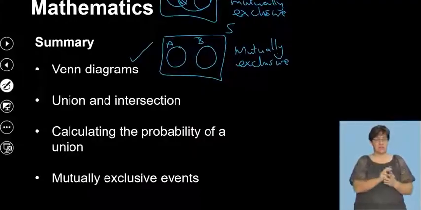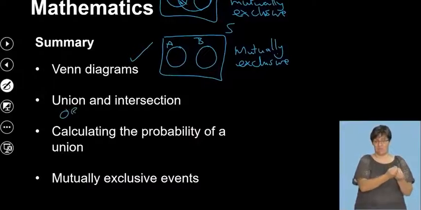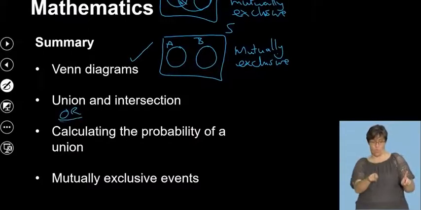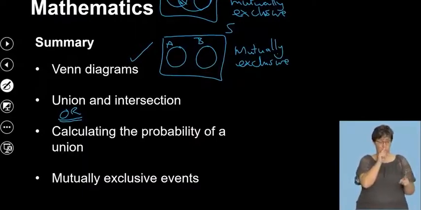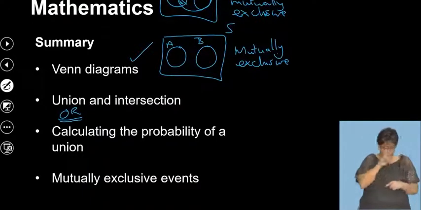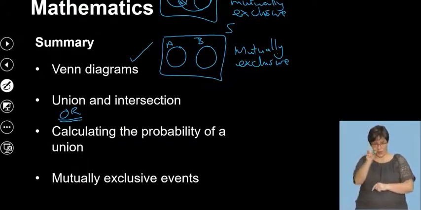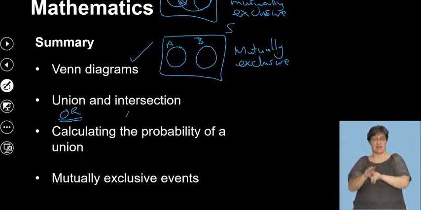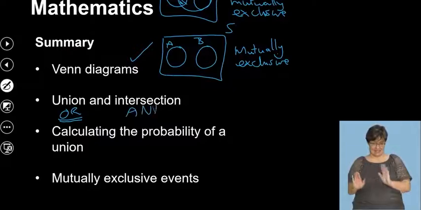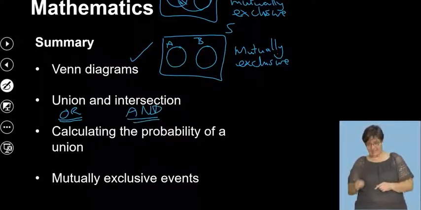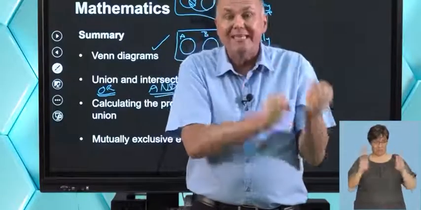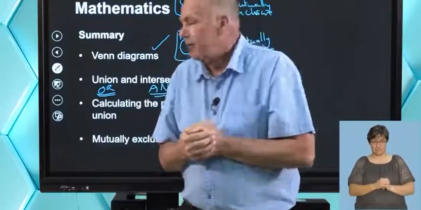Union means the objects or the elements must be in the one or the other. So when we are calculating union, we're looking in either of them. Intersection is the smaller one, the intersection is going to be the and. So it has to be in both, common to both. It's in the intersection. Very good.